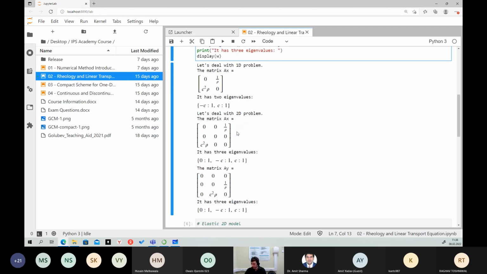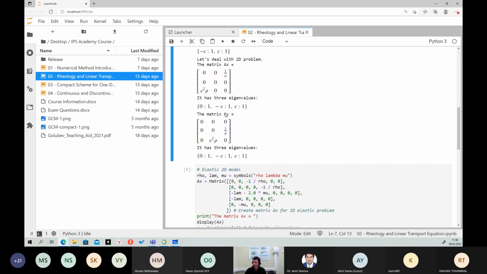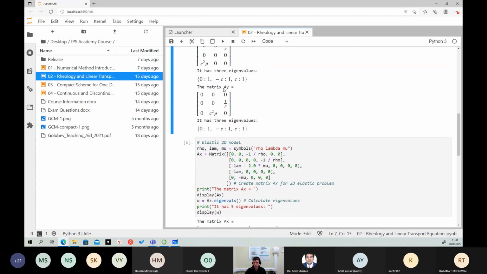In the 2D case, the acoustic medium will be described by three independent unknowns: the velocity along the x-axis, the velocity along the y-axis, and pressure. And this system has three different eigenvalues: the first is 0, and two more, plus and minus c. The matrix AY will have the same eigenvalues. You can test it manually or run this code and obtain it.